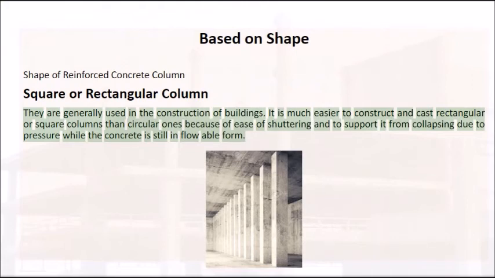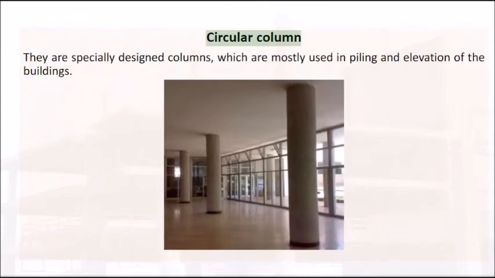It is much easier to construct and cast rectangular or square columns than circular ones because of ease of shuttering and to support it from collapsing due to pressure while the concrete is still in flowable form. Circular column. They are specially designed columns, which are mostly used in piling and elevation of the buildings.